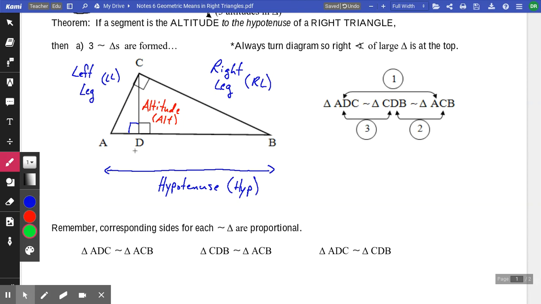We have the segment from AD, and similarly to before, I'm going to call this the left segment, and we'll put LS right there. And then over here, I'm going to put right segment for the other piece, and for that, we'll abbreviate it as RS.